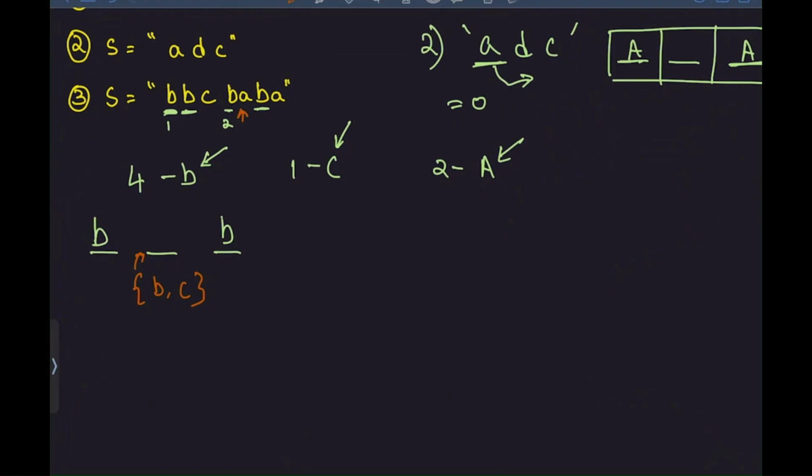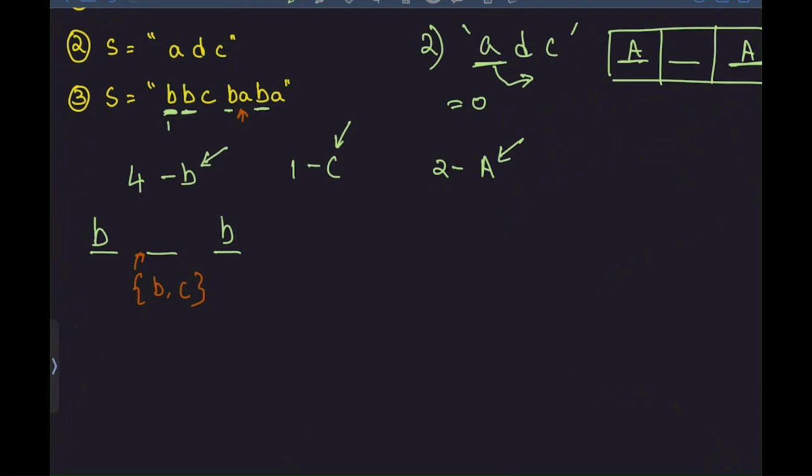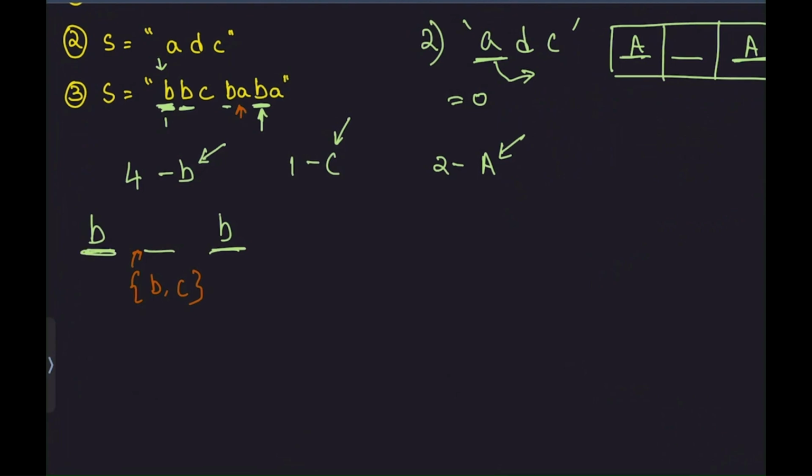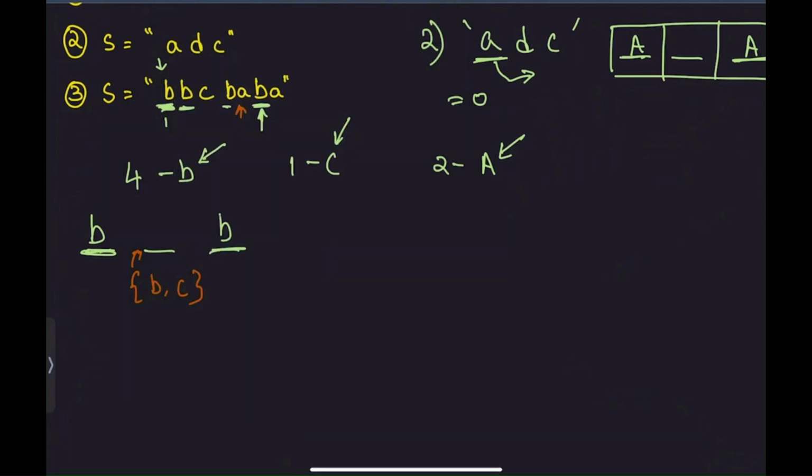Now, in order to build the logic, we need to simply calculate the most distant character. If we are considering B, we need to consider the most distant character from this B. That is going to be this character, right? So if this B and this B are considered in the 0th and 2nd index, now we need to calculate the total number of unique characters that lie in between these 2 characters that we just considered.